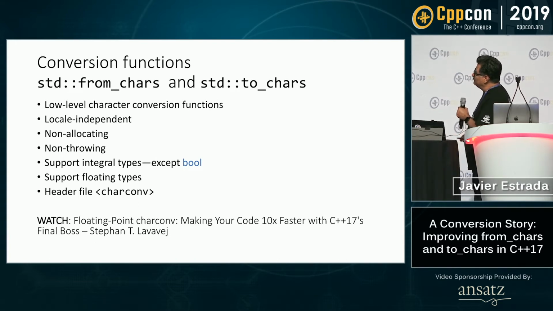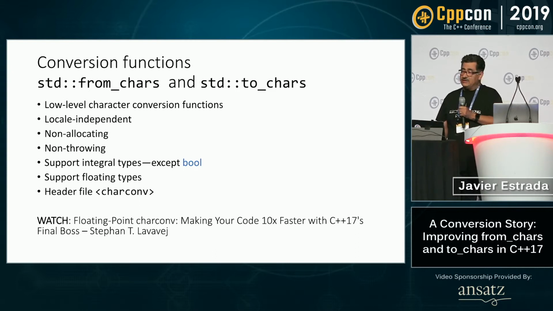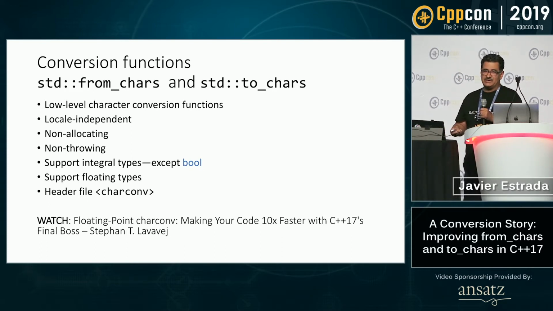The nice thing about these functions is that they are low-level character conversion functions. They are different than std::to_string in the sense that they are locale independent. They are non-allocating, and this is a little bit tricky because you have to do the allocation, basically.